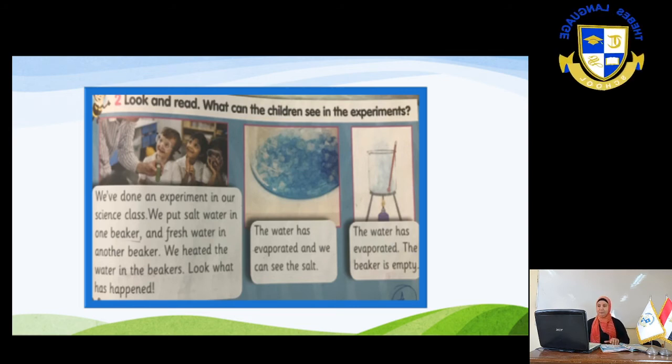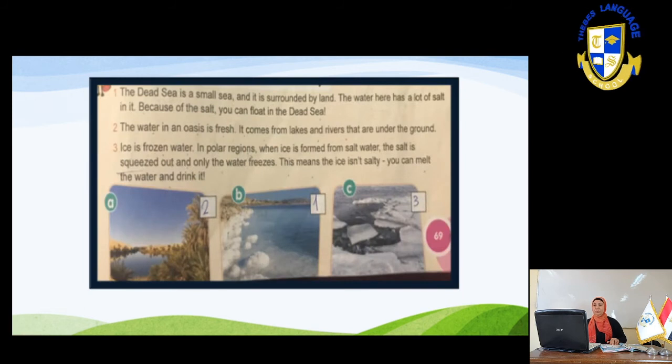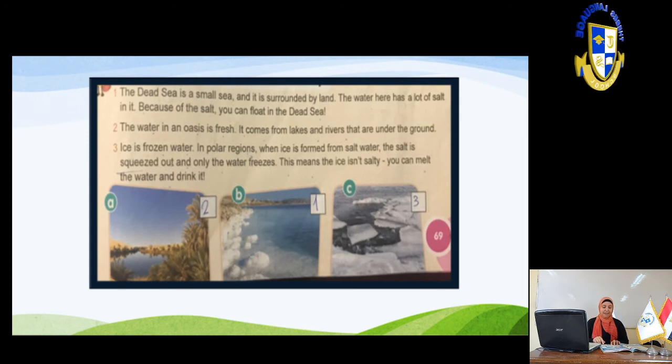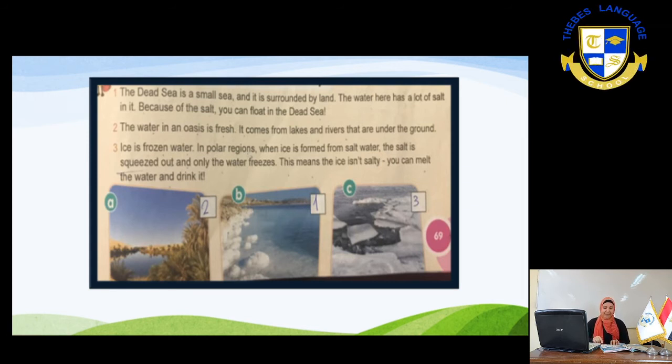Okay. Next slide. Here in front of you, you will see some information about the different places containing water in our world. The Dead Sea is a small sea and it is surrounded by land. The water here has a lot of salt in it.